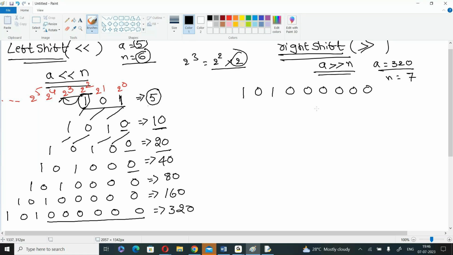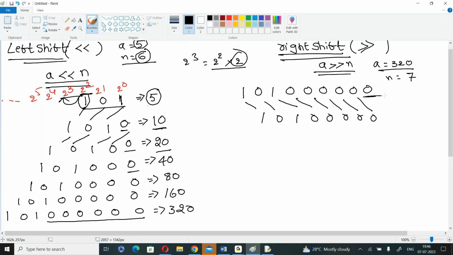Right shift means the bits move to the right side, but on the right side there is no place. On the left side we have empty places, that is 0. Moving to the left side is no problem, but on the right side there is no place. So what happened? We lost the bit. For every right shift operation we are losing the rightmost bit.